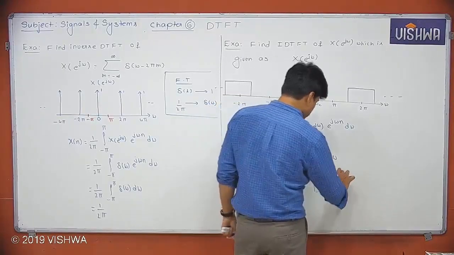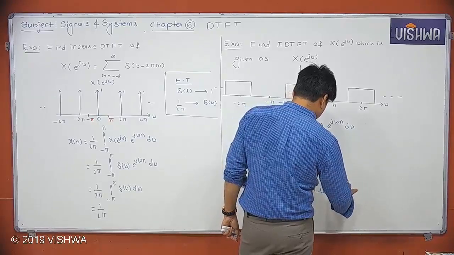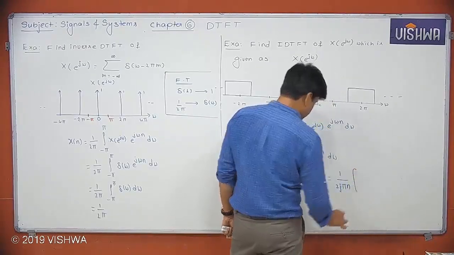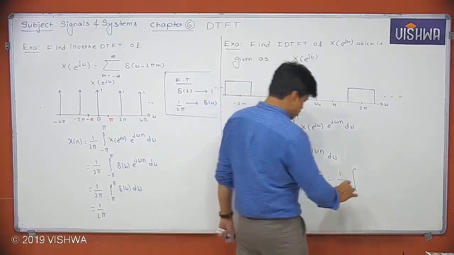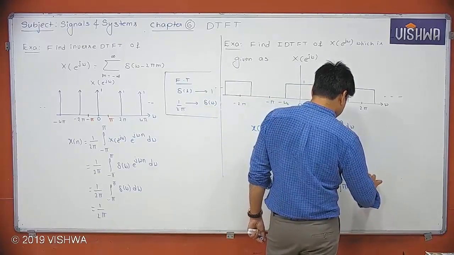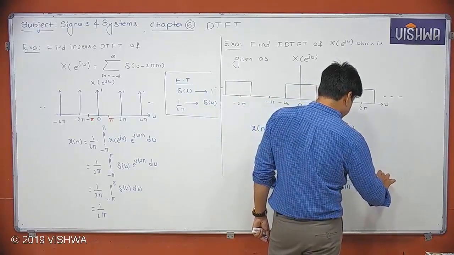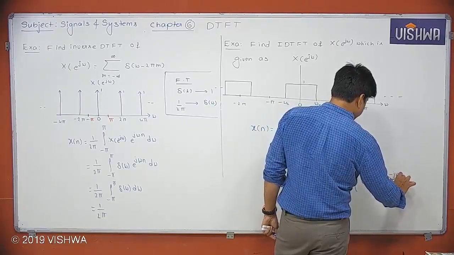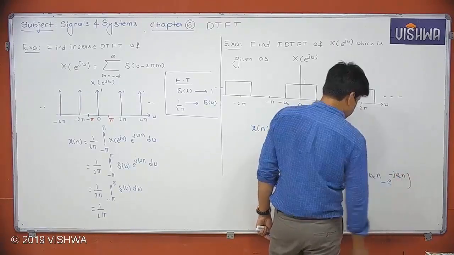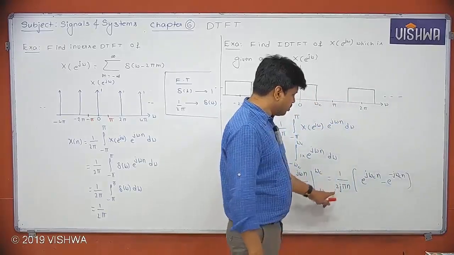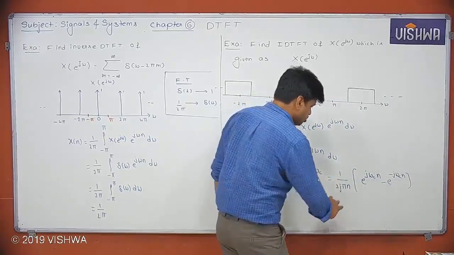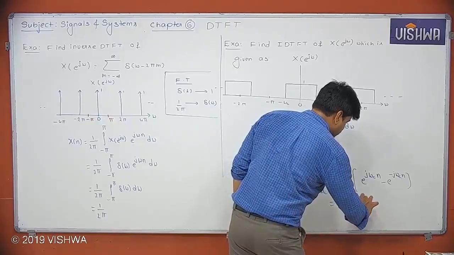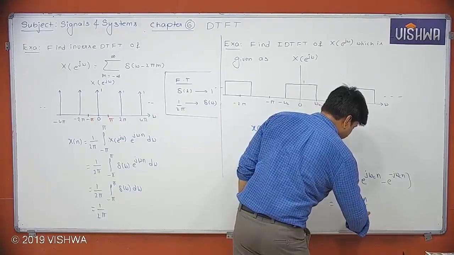If I take 1 by 2 j pi n and apply the limits, it is e power j omega c n minus e power minus j omega c n. If you bring this 2j in, it becomes sin omega c n by pi n.